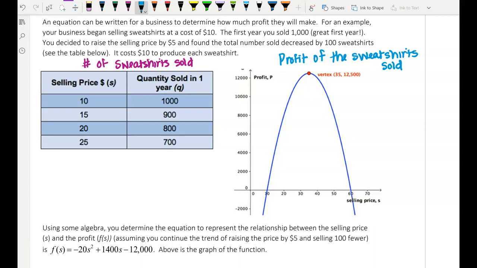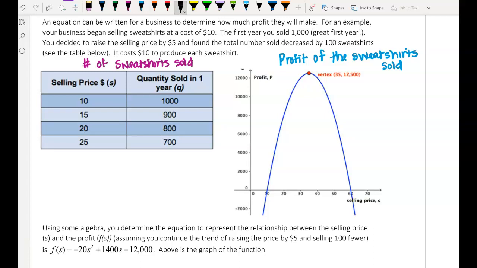So don't try to take the ordered pairs from the chart and match those up to the graph, because the graph is of something different. The graph has to do with the profit and the selling price. The chart has to do with the number sold at the selling price. So they are two different sets of data for the same situation.